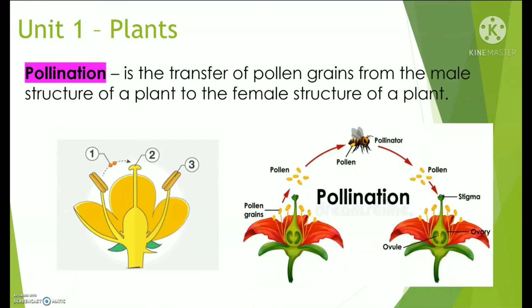Let's talk first about pollination. Repeat after me, everyone. Pollination is the transfer of pollen grains from the male structure of a plant to the female structure of a plant.